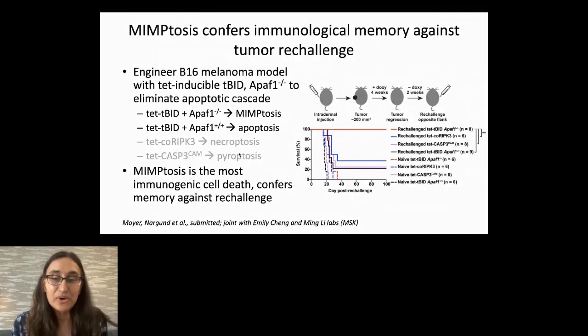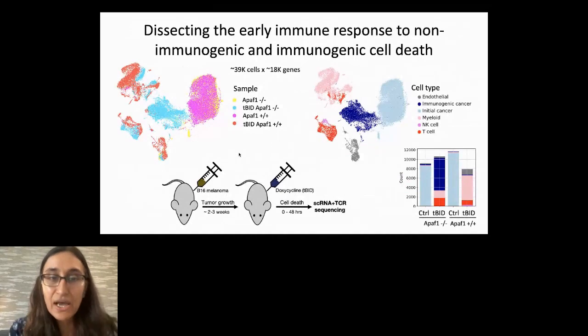Okay, so where we came in was we wanted to understand what happens when you initiate this immunogenic versus non-immunogenic cell death, what happens in the immune response. And so we did single cell RNA, also actually parallel TCR sequencing at an early time point.